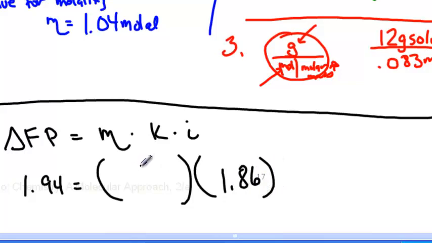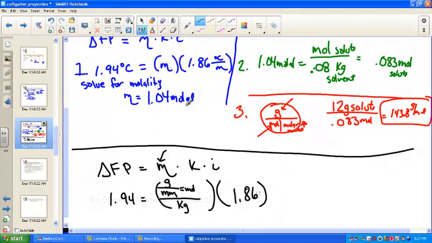Molality is moles per kilogram. Moles is grams over formula weight, grams over molar mass is a mole, per kilogram of solvent is little m. What I'm trying to show is that when I have molality, I can really see the target variable hidden in it: grams over molar mass per kilogram of solvent. This whole thing is little m, molality of solution.